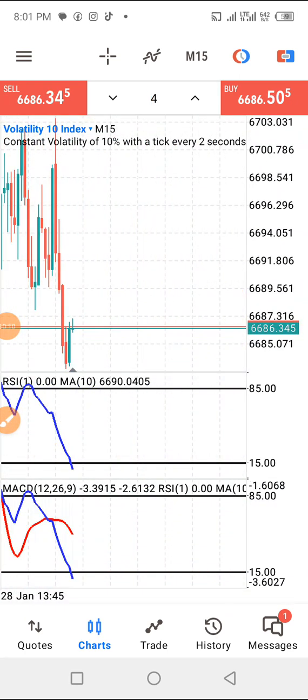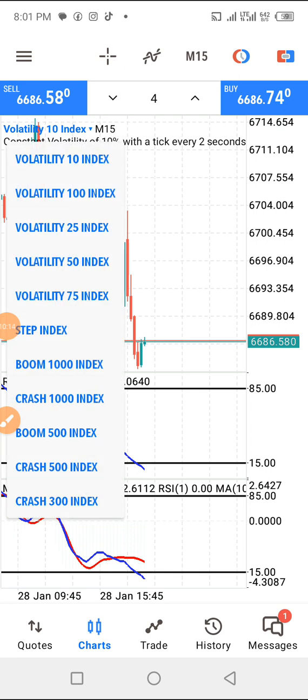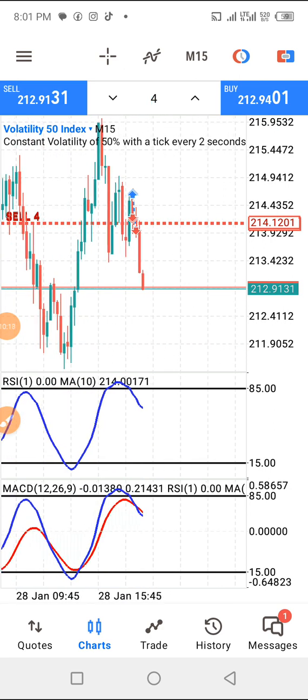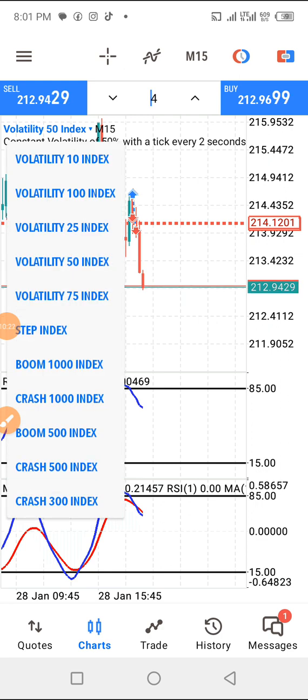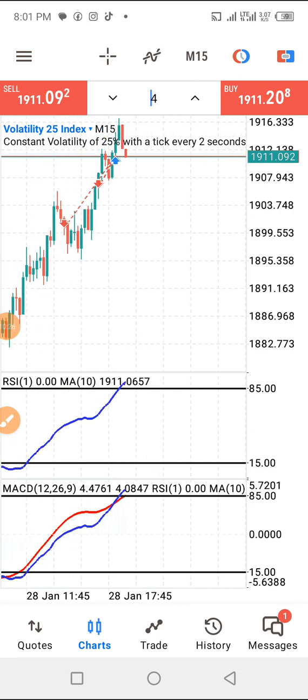You can see our buy setup has not been met. So let's go back to volatility 50. You can see it's still giving us a signal. Then let's check volatility 25, guys. So volatility 25 has not given us a sell, it's still on buy.